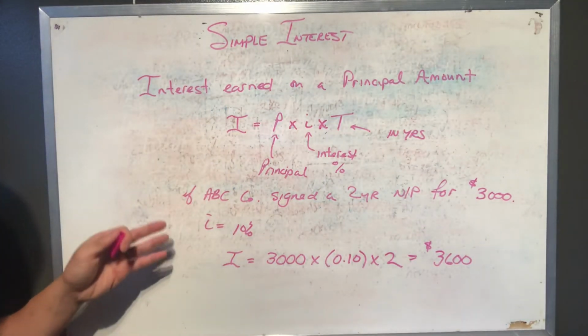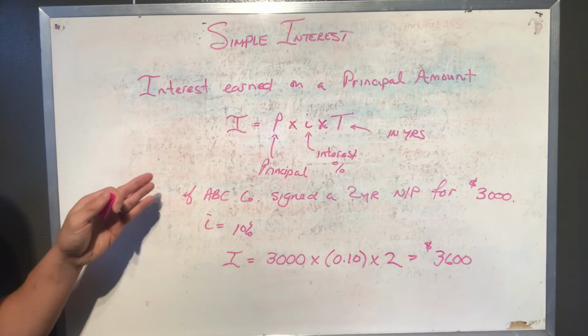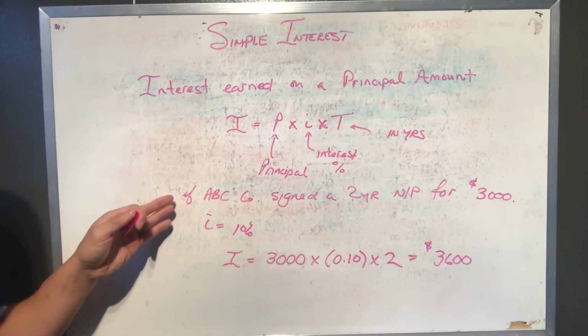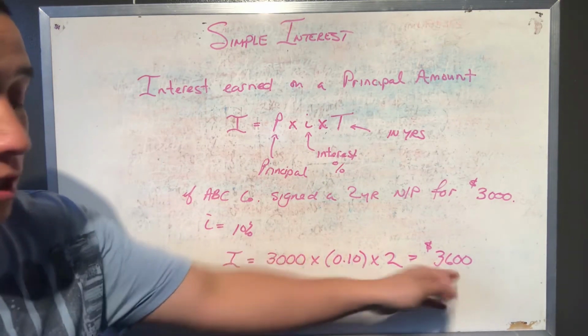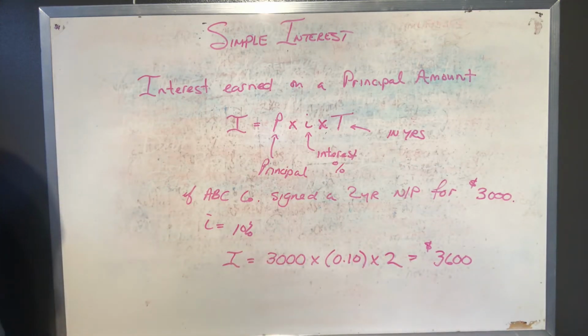So upon maturity, at the end of 2 years, the ABC company would be giving back $3,000 principal plus about $600 in interest, calculated based upon simple interest.